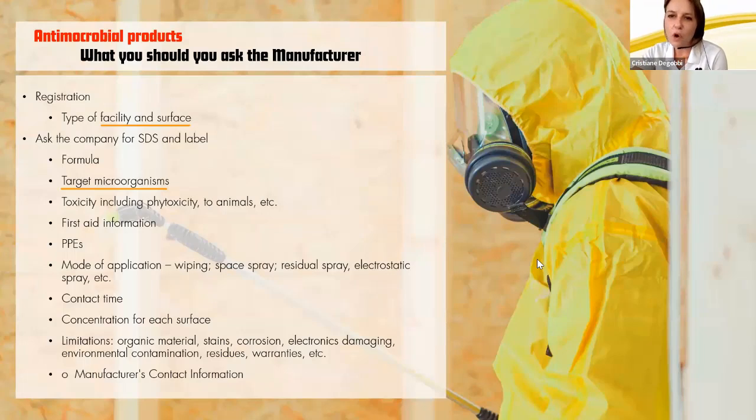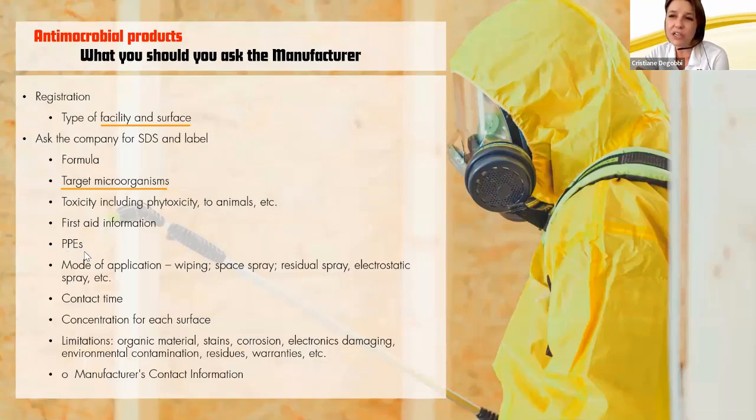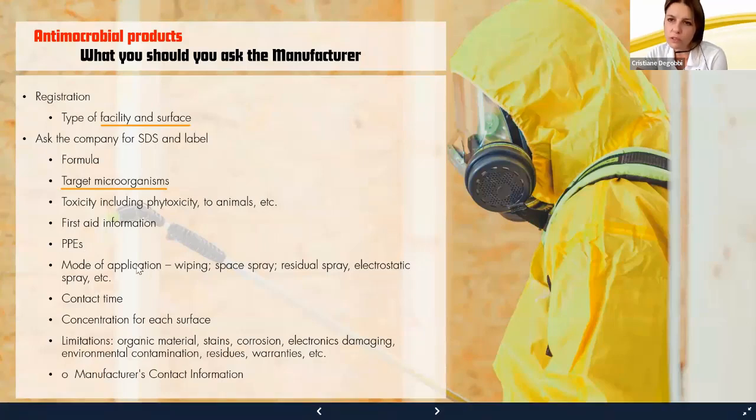There you're gonna find the formula, the target microorganisms. Usually you're gonna find that in the label or the SDS. The toxicity, including to animals, to plants, to aquatic life, and so on. First aid information, the PPEs or personal protective equipment that you need to use. And this is going to depend on the application mode, okay?